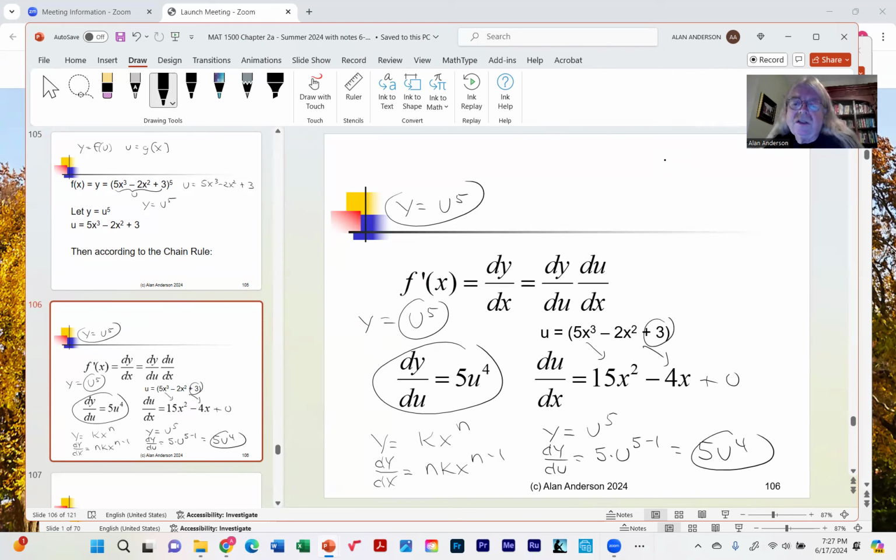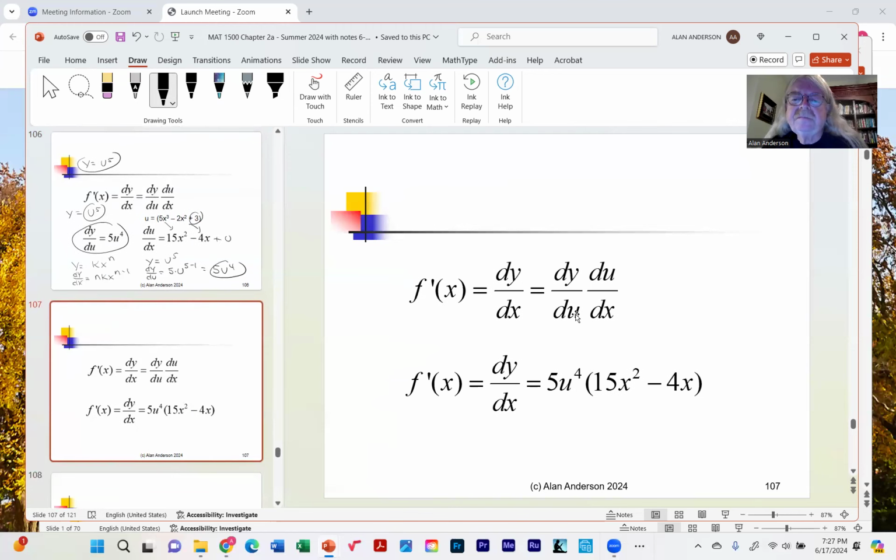So we have dy/du, we have du/dx. Now it's just a matter of substituting what we have into this expression. Remember, we already determined that dy/du is this term, and this is du/dx. Now, there's just one more step. We don't want this u in here.